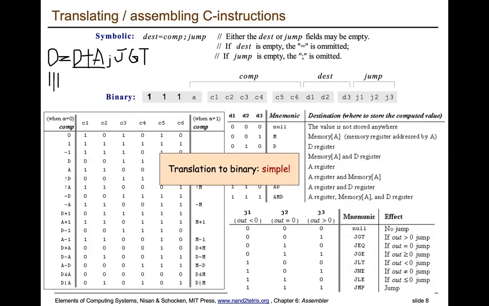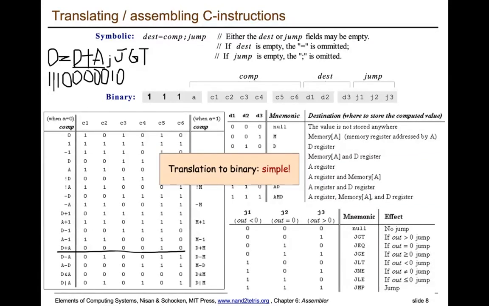Then the computation is D plus A, so it will be 0, 0, 0, 0, 1, 0. This is A and C1 to C6.